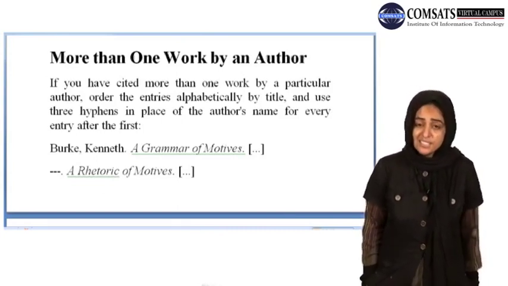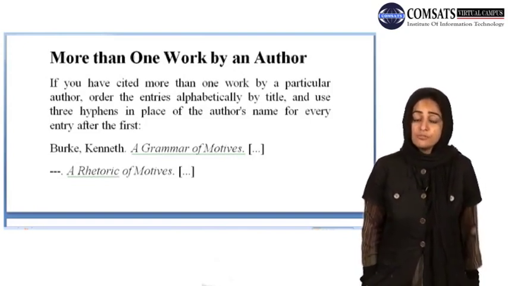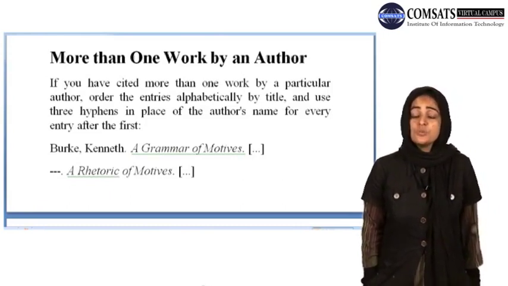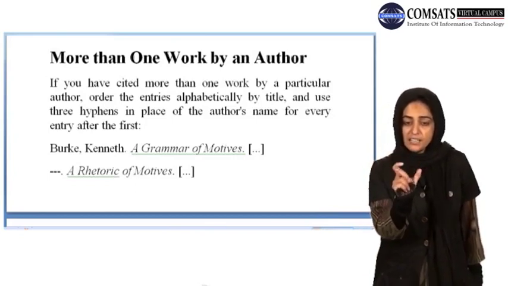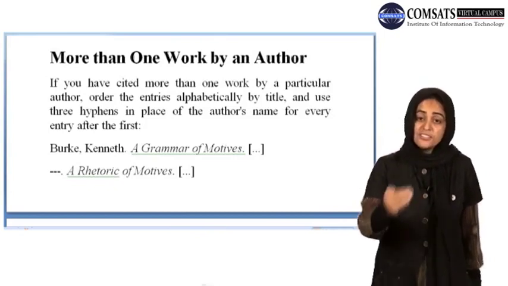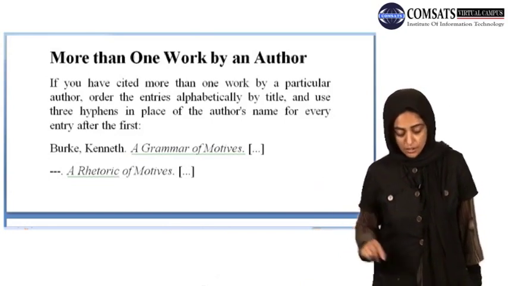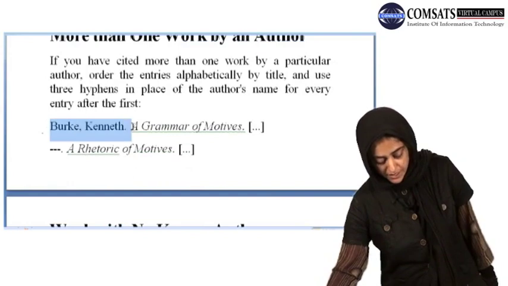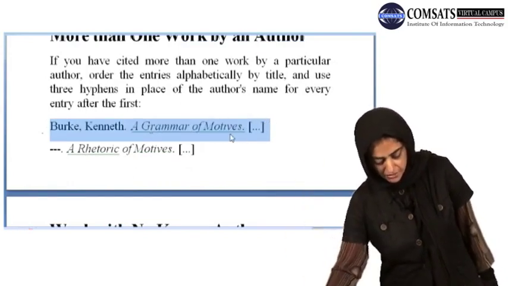And after the first detailed reference created for the same author, you can simply go for a three-hyphen line for the next reference, or for the next article of the same author, and skip the detailed name, as you can see on the screen. Kindly have a look. It's Burke Kenneth, A Grammar of Motives, and the entire details, a sample in front of you.